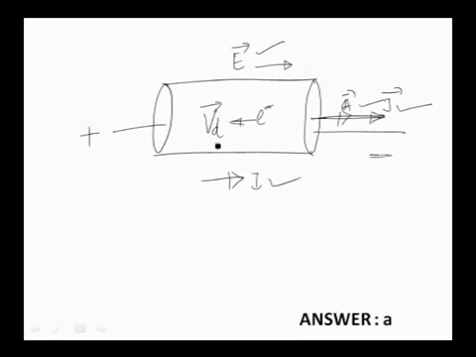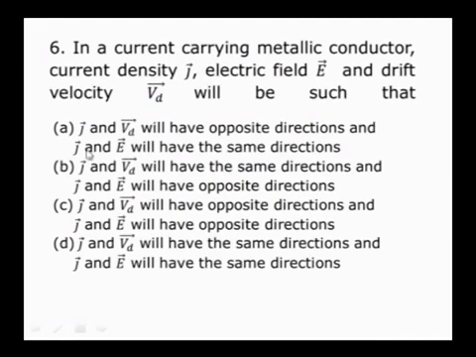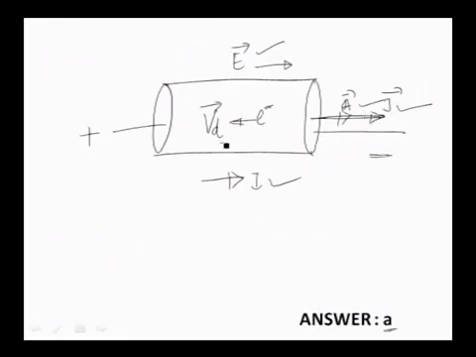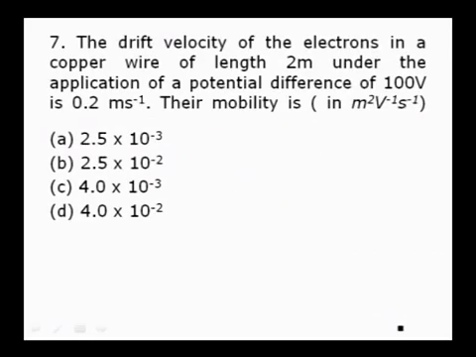Only the drift velocity is opposite to this. Therefore, the correct option for this is A. It means that J and Vd will be in opposite directions, and J and E will be in the same direction. Therefore, the correct option is A.